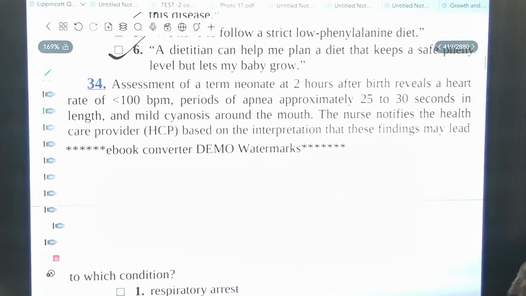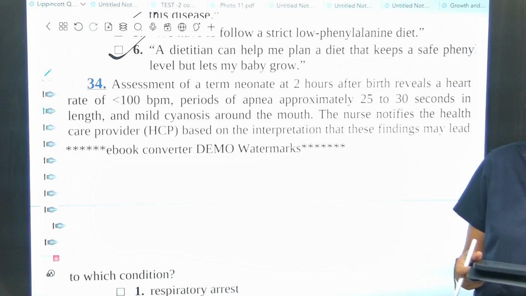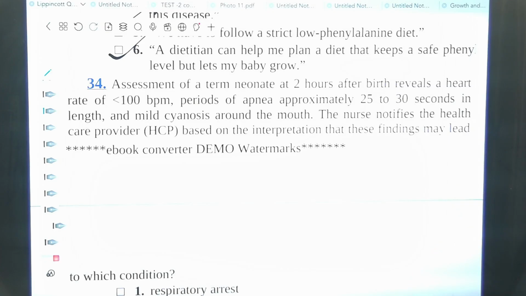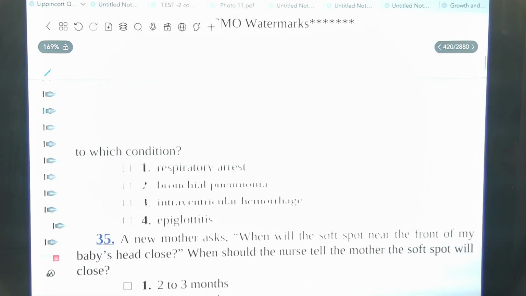Now next question 34. Assessment of a term neonate at 2 hours after birth revealed heart rate less than 100 beats per minute, periods of apnea approximately 25 to 30 seconds in length and mild cyanosis around the mouth. The nurse notifies the HCP based on the interpretation that these findings may lead to which condition?